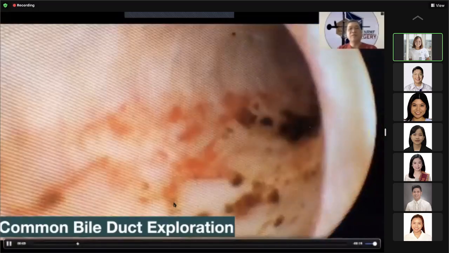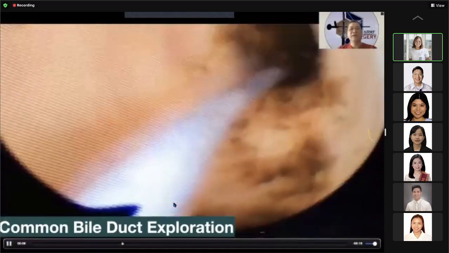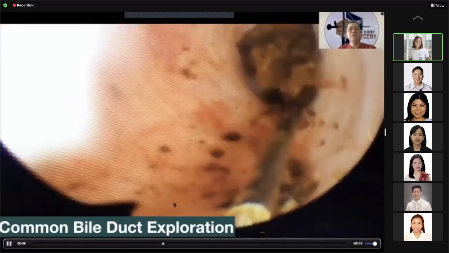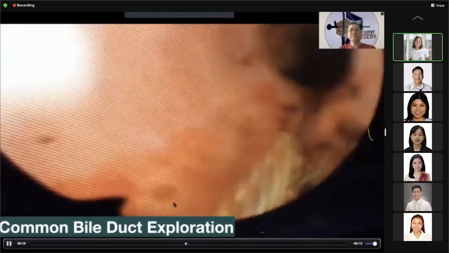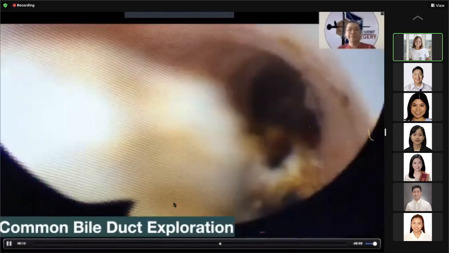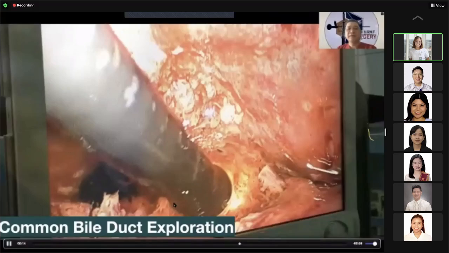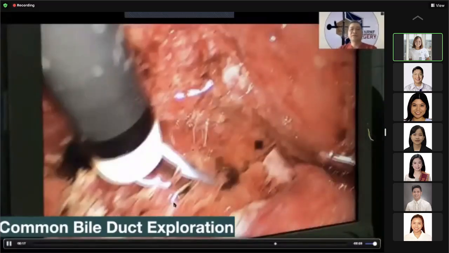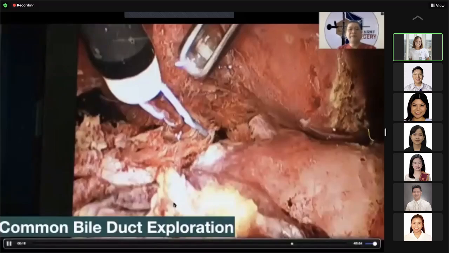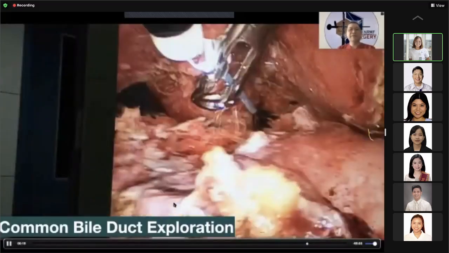This is an endoscopic procedure. You catch that stone using a basket and retrieve it. Okay, so those are endoscopic procedures combined with laparoscopic surgery.